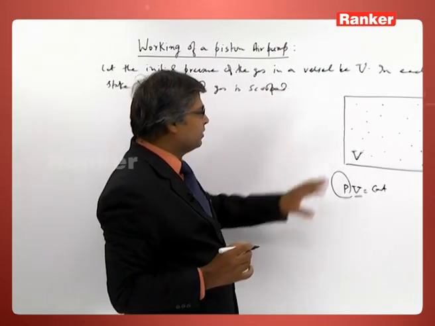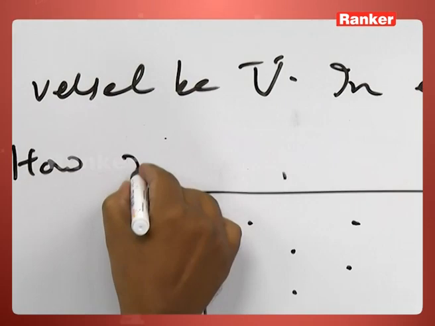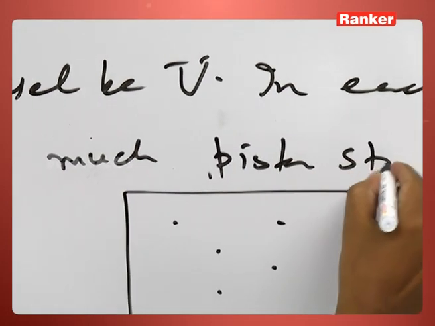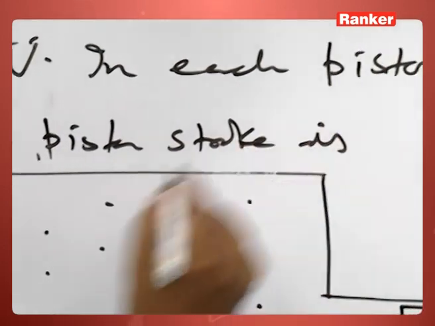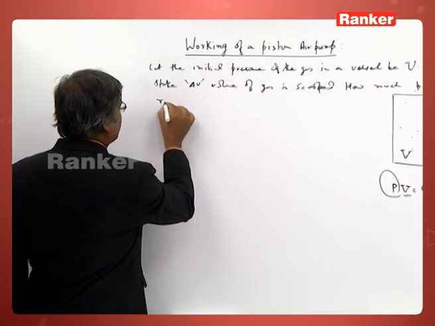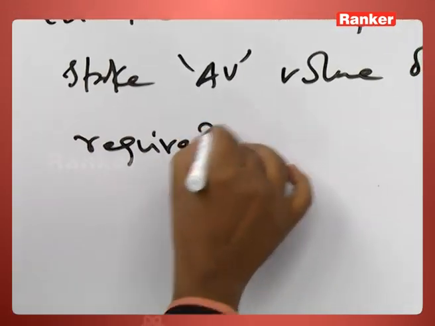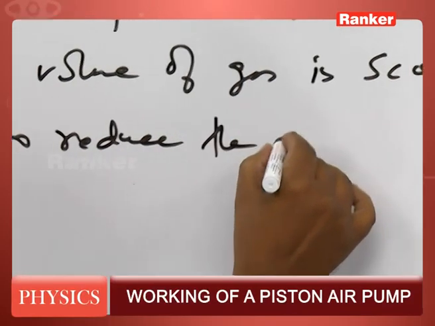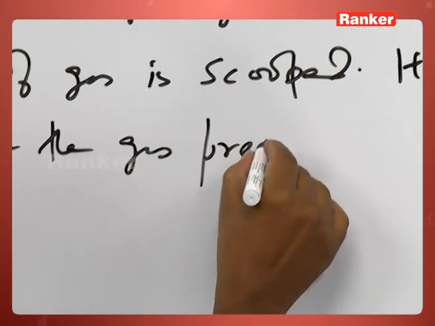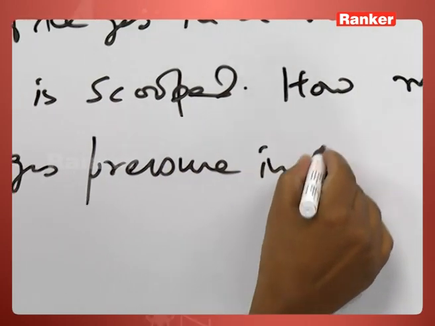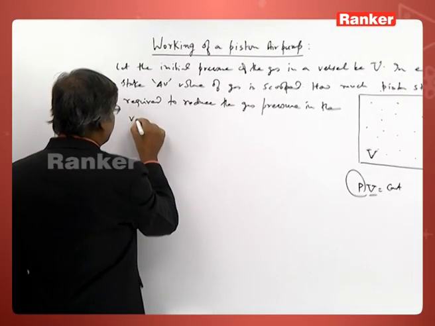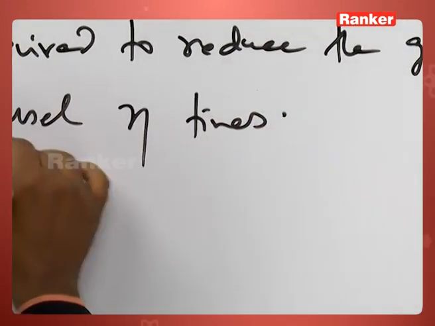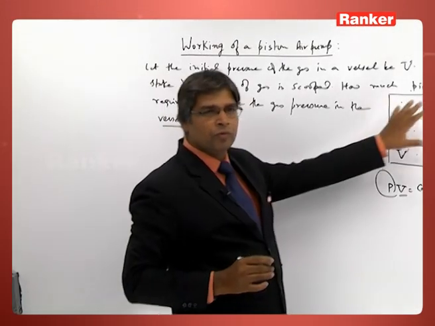So we have to find how many piston strokes are required to reduce the gas pressure in the vessel eta times. So this is what we are going to find.